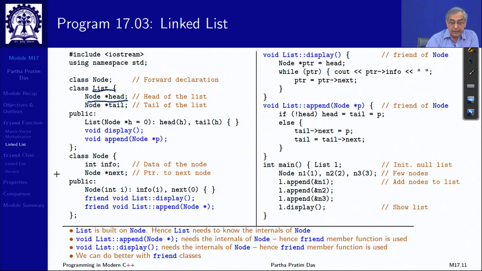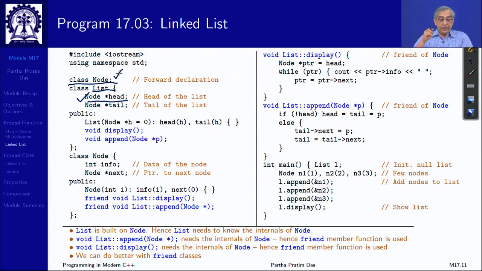Here I could have declared node before list, but I have just chosen to do it this way, just to show you that when such things happen, this will give you an error, because the compiler does not know what node star is. So, I have given a forward declaration for the node without specifying the details.